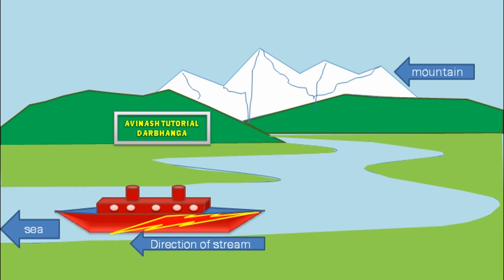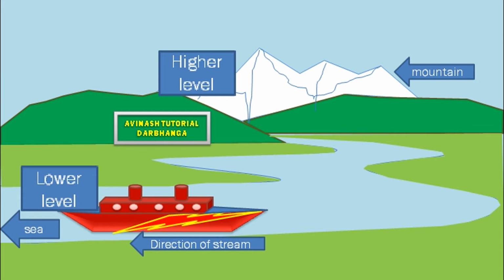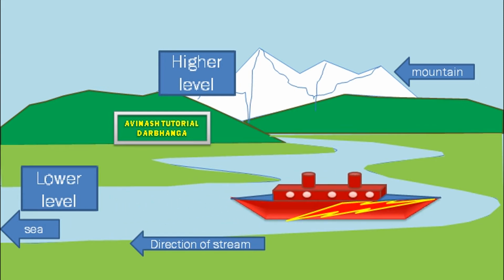Since the level of the mountain is higher than that of the sea, therefore the water flows from the mountain into the sea. So you can see I have already pointed the direction of the stream. It will be from the mountain towards the sea. Now suppose we are in a steamer and we move in a direction opposite to the flow of water. Then it is called upstream.